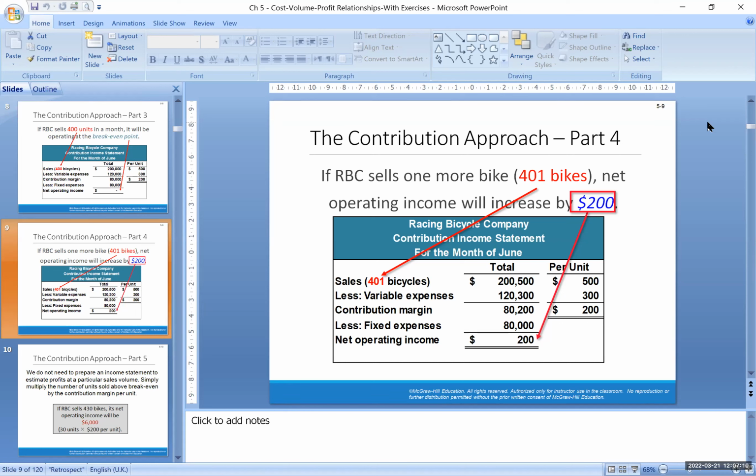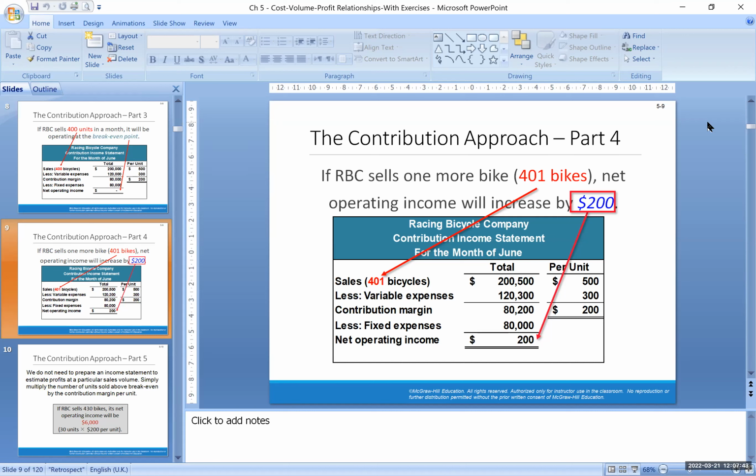The contribution margin for that unit is equal to the price minus the variable cost for that unit, which is 500 minus 300, which equals $200. If I understand the logic behind the break-even, the company will contribute an amount of $200 because we sell one additional unit more than the break-even, and the break-even means zero profit.